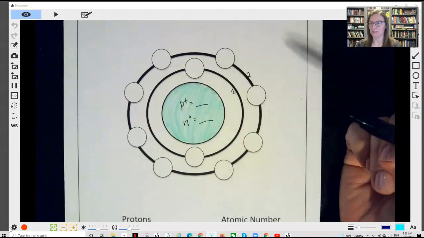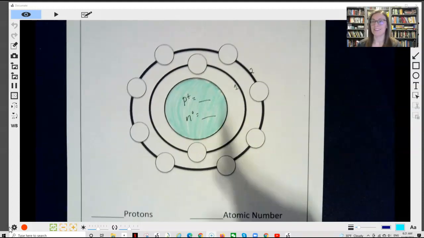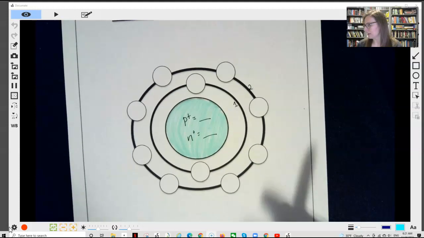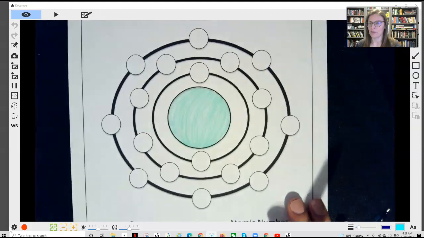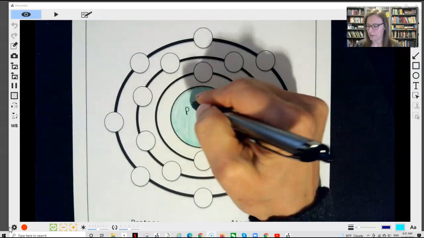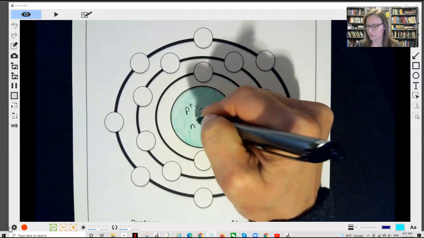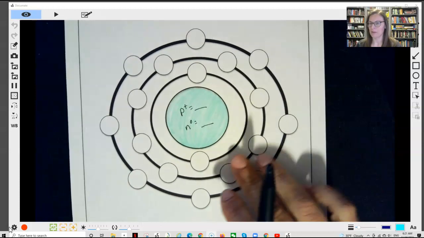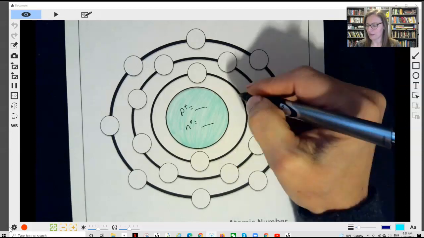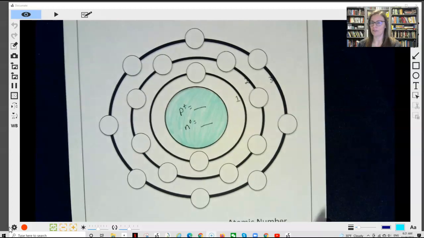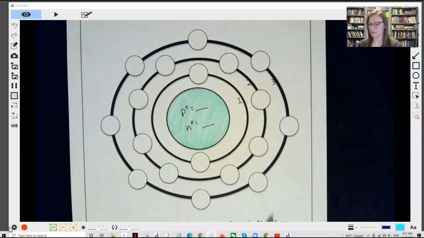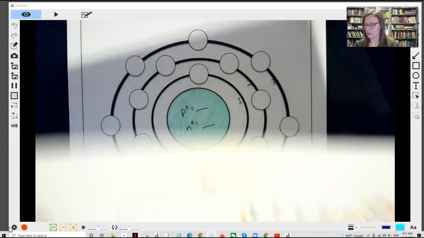Because you have to fill up the inside ones first, at least until you get up to period 4. Okay, and so same thing here. If this is my nucleus, this must be for a period 3 element because we have 1, 2, 3 energy levels, and I would just fill in the electrons that I need. So let's pick one to do.